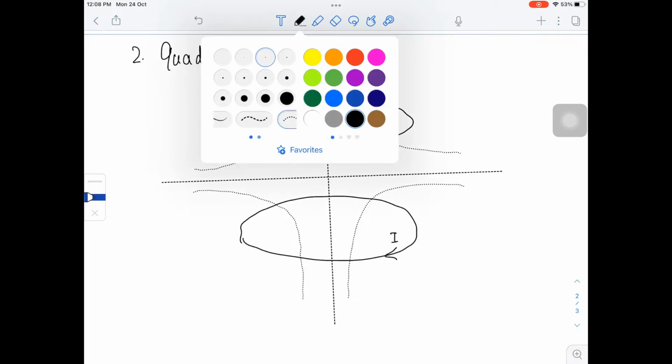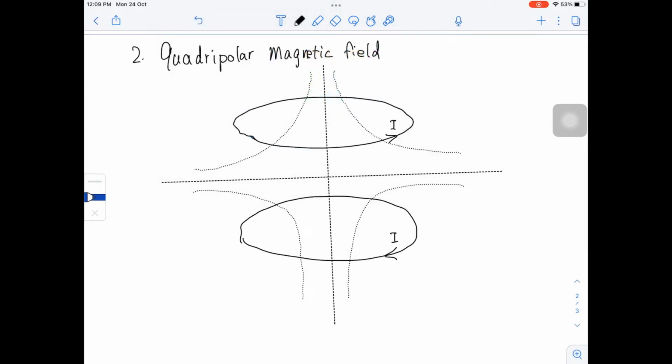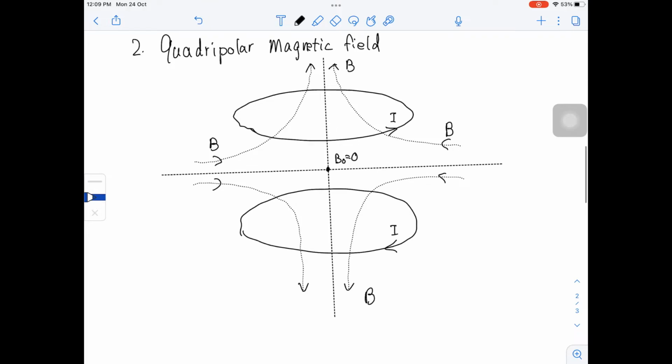And I call this the B direction. We know in the center part, the B field cancels, and this B naught equals 0.